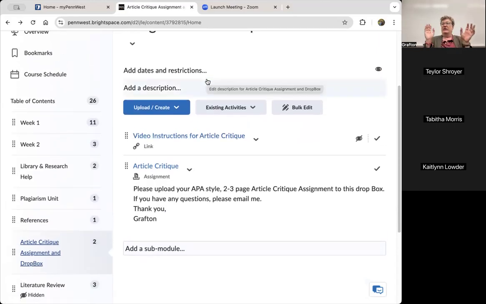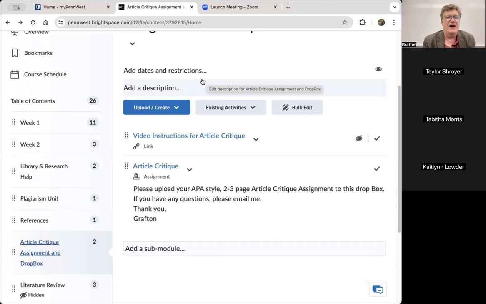And these are two separate things. When you complete your article critique, the only reference you're going to have is a reference to the article that you critiqued. One thing, one reference in that paper. The references assignment is you're starting your research and you're going to start compiling a bunch of articles that you might want to use in your lit review.